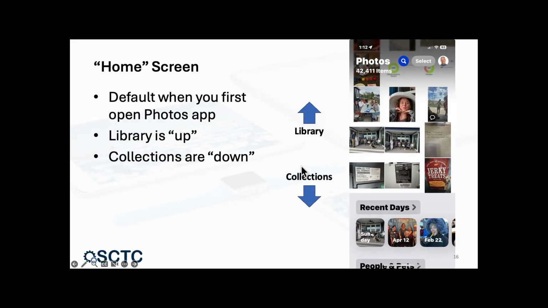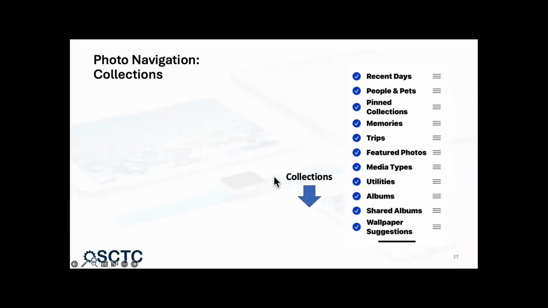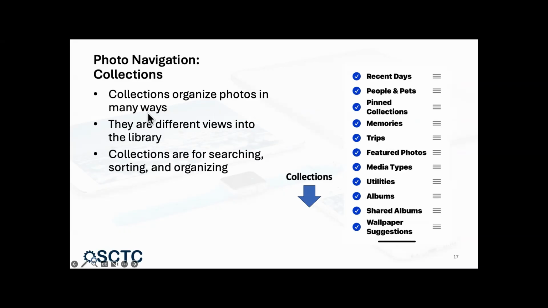And there are many collections. Only one of those collections is curated. In other words, you choose what photos go into it, and those are photo albums. All the rest of these collections, which are these right here, are generated using machine learning and AI to put photos in these different collections. We talk about this.